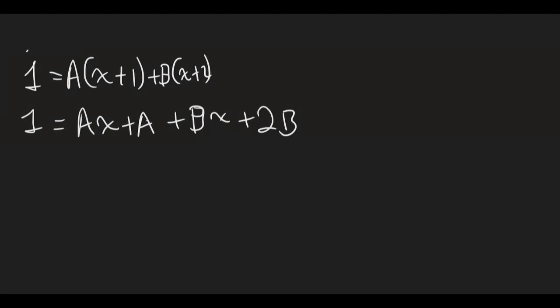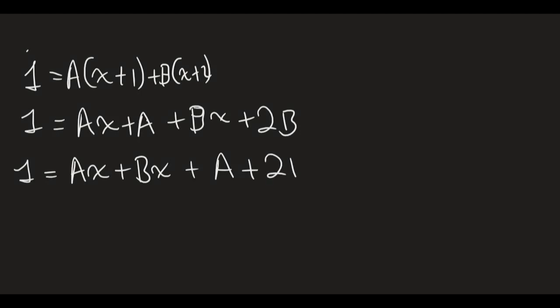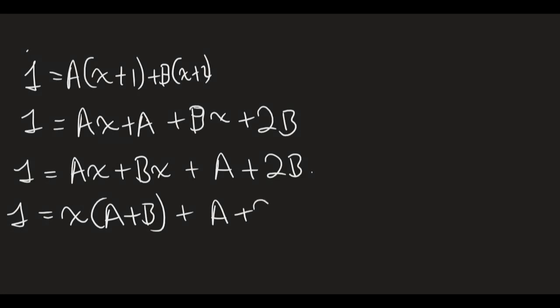Then we group the terms with the same powers. So 1 is equal to ax plus bx plus a plus 2b, and then 1 is equal to x times (a plus b) plus a plus 2b.